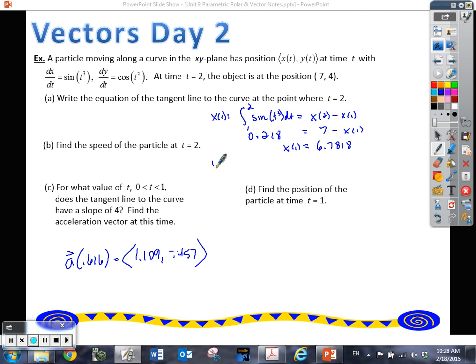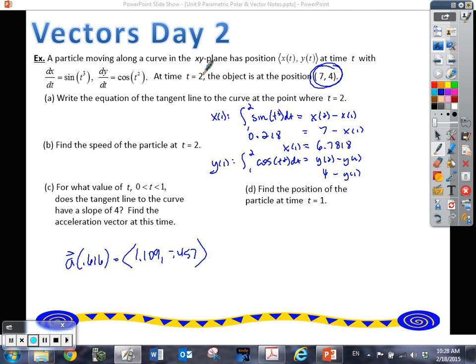So let's look at our y component. Same kind of thought process. We're going to go from 1 to 2, and we're going to use our y, which is cosine t squared. And that's going to be y of 2 minus y of 1. Right? Same technique that we used previously. So we know y of 2 is 4 minus y of 1. Again, I'm getting those numbers from here.